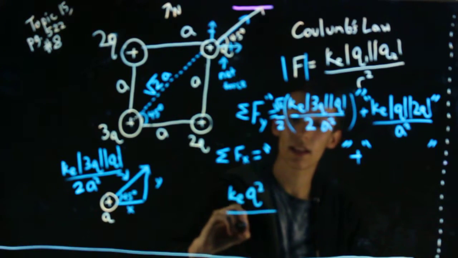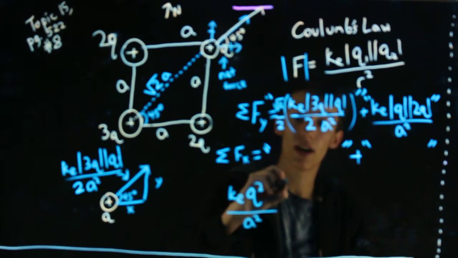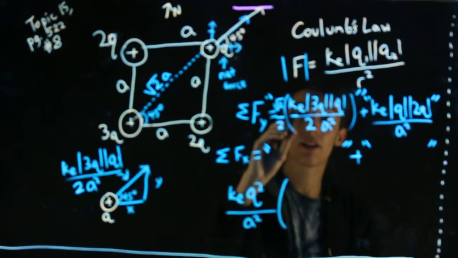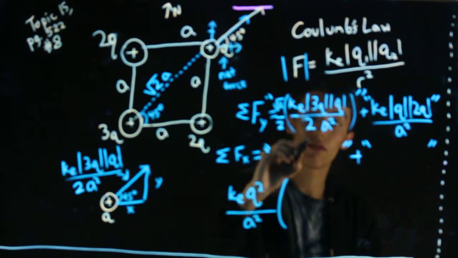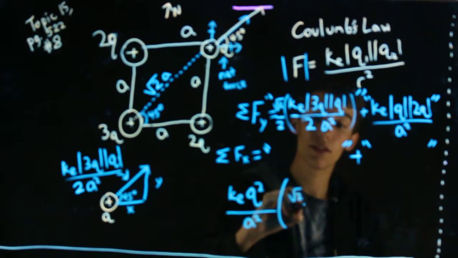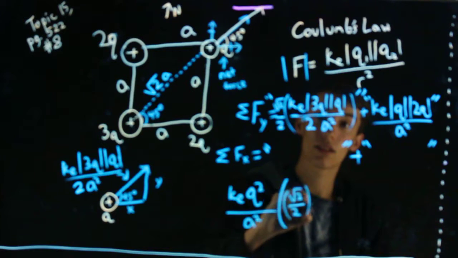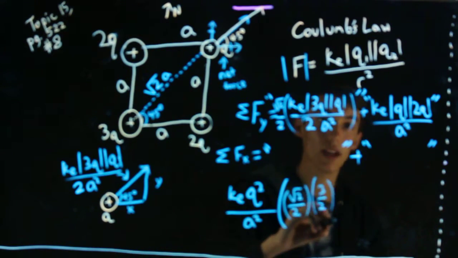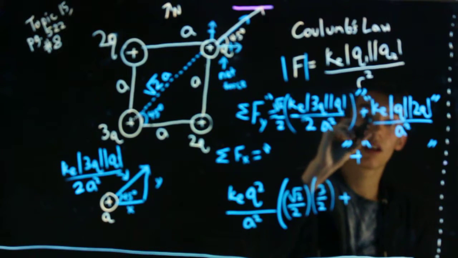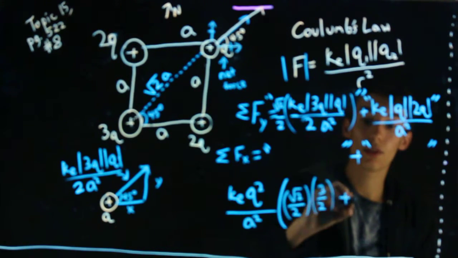And I'm going to be getting an a squared on the bottom. And then we'll multiply that by whatever we have left. We have root 2 over 2 times 3 divided by 2. Root 2 over 2 times 3 divided by 2. And that's just what's left from what I factored out. Plus, and then whatever's left from here, which is just a 2.